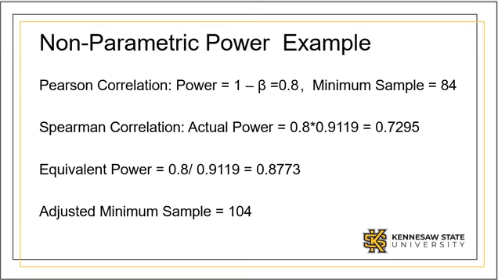To reach an equivalent power of 0.8 for Spearman, we would need to aim for a Pearson power of 0.8 divided by 0.9119 for a total of 0.8773. A power of 0.8773 requires a minimum sample of 104. Therefore, a minimum of 104 samples would be needed if we were running a Spearman correlation.